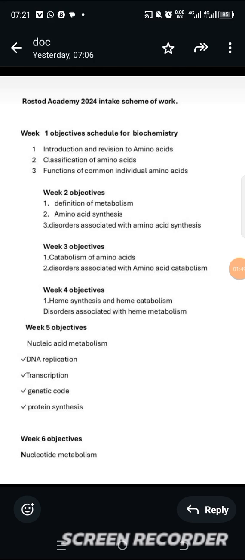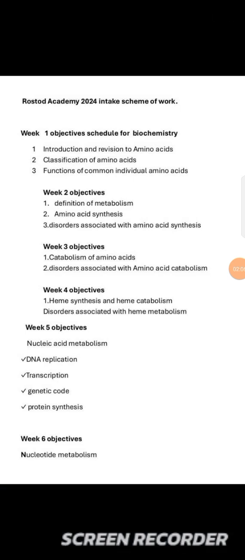But before doing that, we revise amino acids. Basically, we talk about classification of amino acids and functions of common individual amino acids, where we list some common amino acids and their functions.